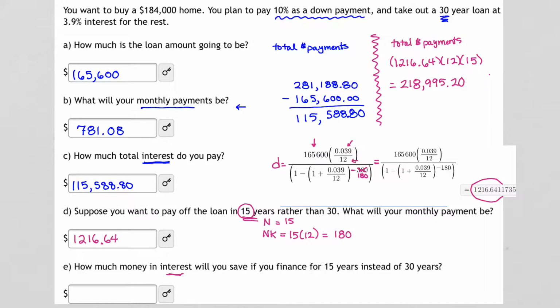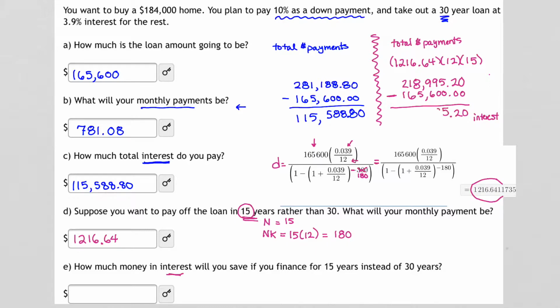We have to figure out how much is left over if we subtract off our initial loan amount. So if we take $218,995.20 and subtract $165,600, and let me just erase this so it doesn't get too confusing here. That gives us the amount of interest that was paid.